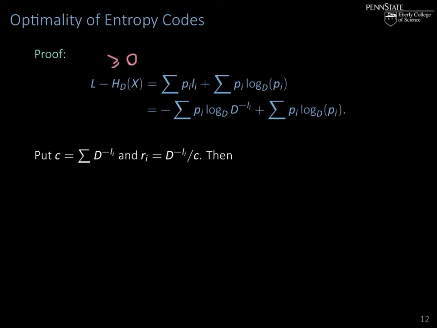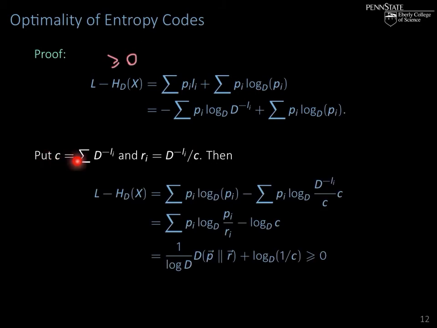So you can think of this as the probability distribution induced by our code length. So we have the probability distribution of the random variable, which is given by the pi's, and now we have the distribution that is given by the code lengths, right? So this is to normalize it, and then this is the probability corresponding to the ith code length.